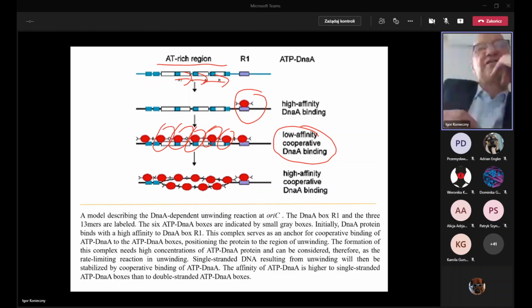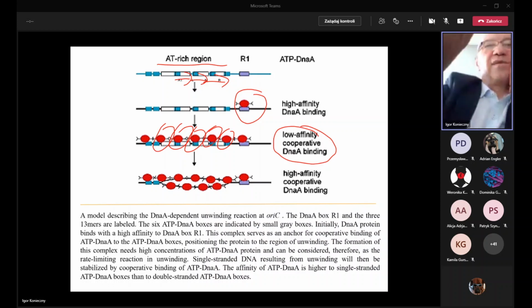And this cooperative binding with high affinity, cooperativeness between DnaA molecules, creates this origin opening, so single-stranded DNA.